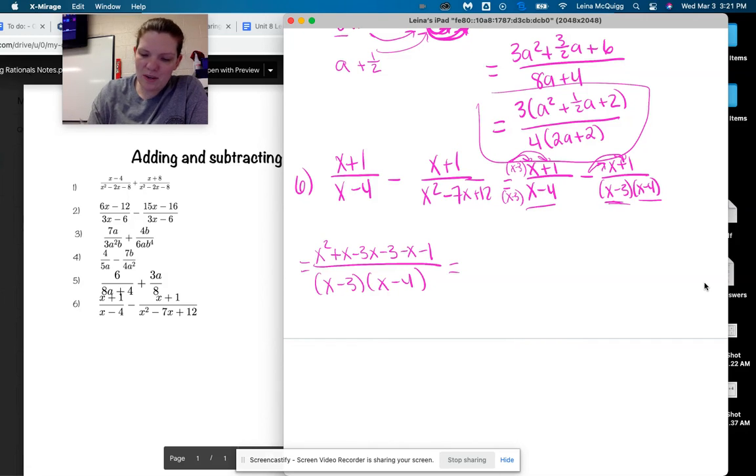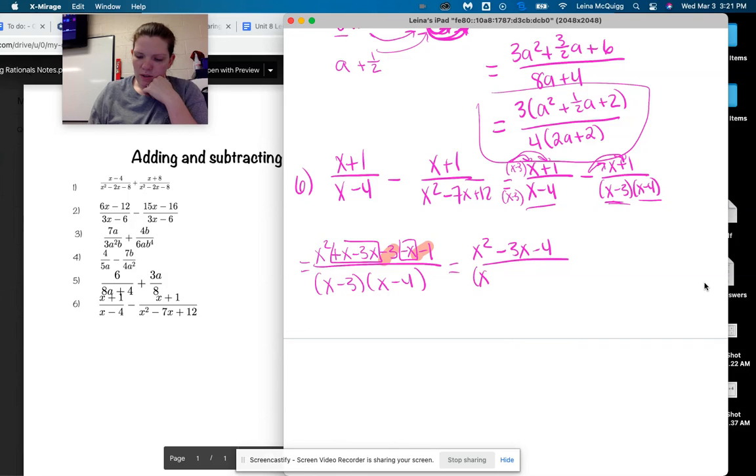So now I'm just going to go through and combine my like terms. So I have x squared, and then I have plus x minus 3x minus x. So x minus 3x is negative 2x, minus another x is negative 3x. And then I've got 3 and negative 1 is negative 4, all over x minus 3 times x minus 4.